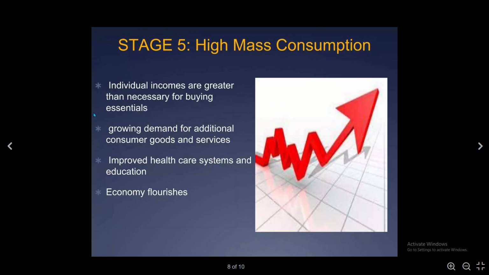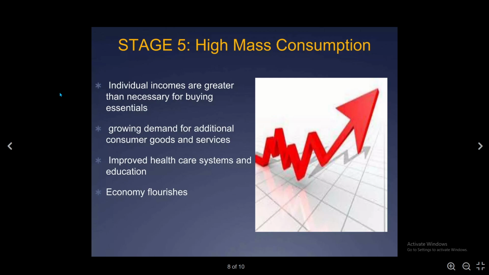And then our stage five, this is the very wealthiest nations, the most developed nations, such as Australia, are in stage five, where the individuals in the society have so much income that the economy runs on high mass consumption as well. So, for instance, we all buy lots of things that we don't necessarily need, we just want them.